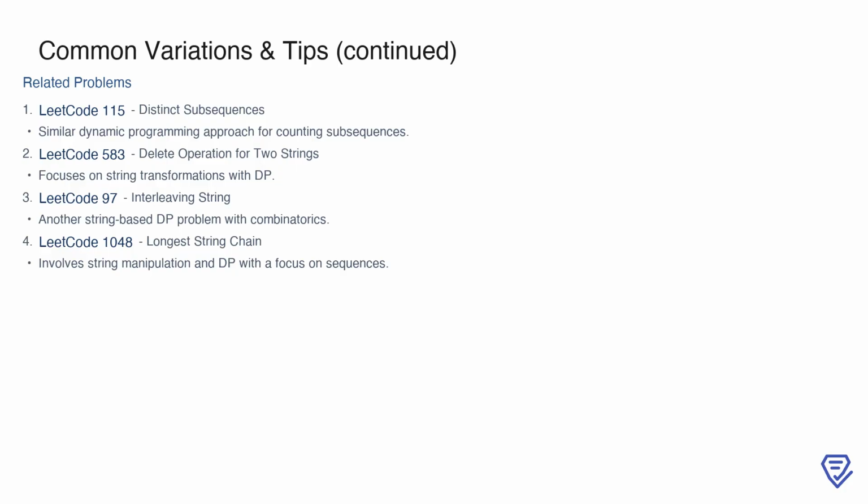LeetCode 97, Interleaving String, involves combining combinatorics and DP to determine if one string can be formed by interleaving two others. Lastly, LeetCode 1048, Longest String Chain, tackles string manipulation and sequence building with dynamic programming. Solving these related problems can deepen your understanding of the patterns and techniques used in the current problem.